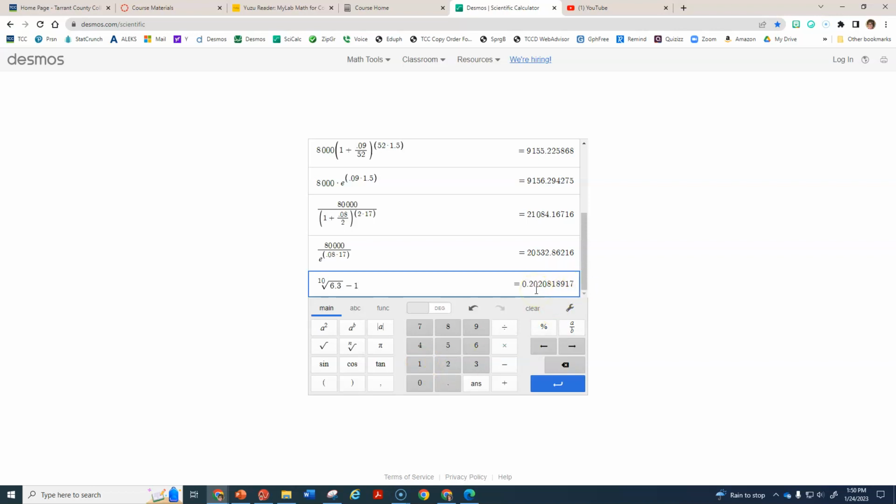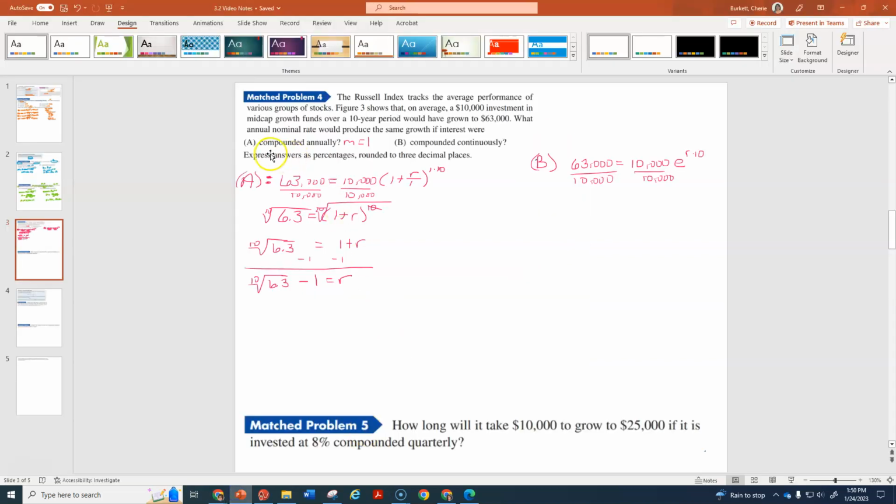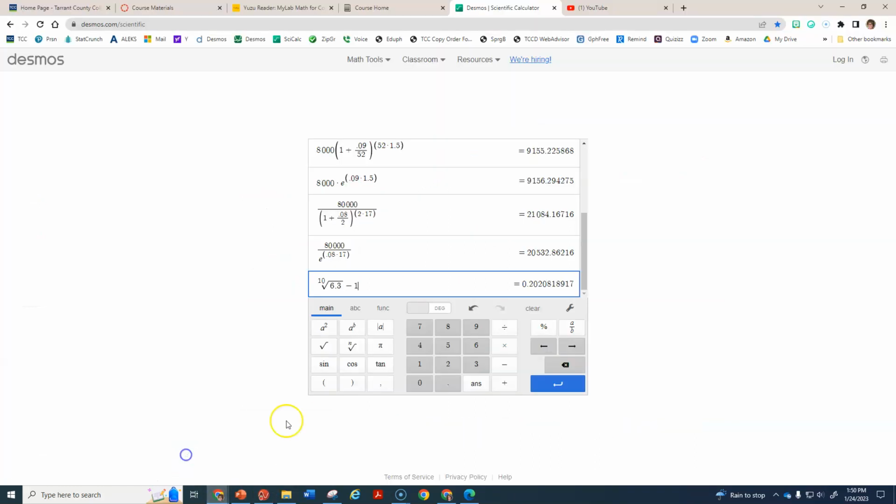But remember, the directions, I believe, say express answers as percentages rounded to 3 decimal places. So if it wants to be a percentage rounded to 3 decimal places, I need 5 decimal places, 2 to get the percentage, and then 3 more after that. So I'm going to do 1, 2, 20.345.